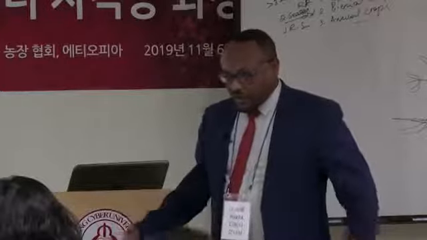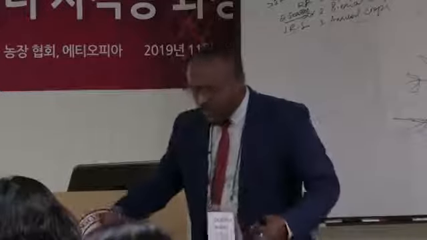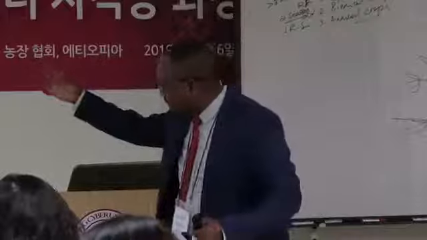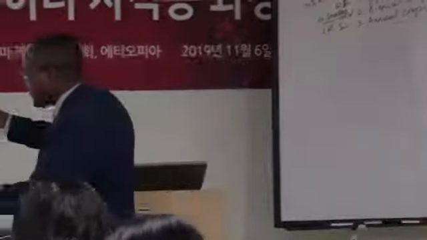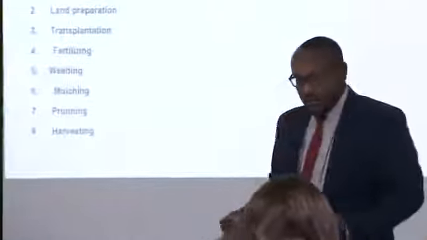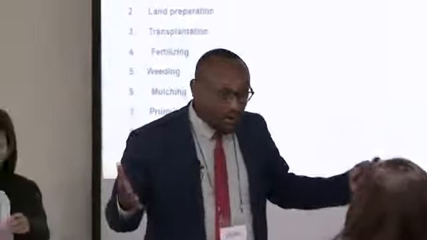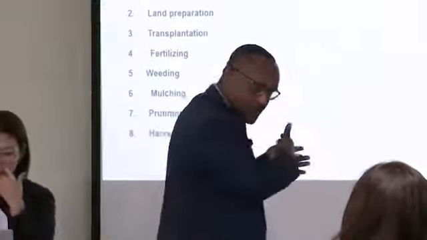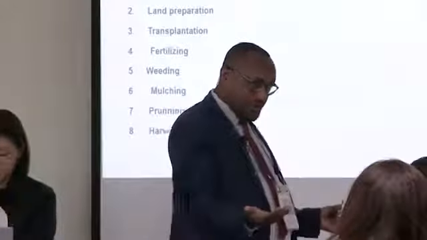Because you do a lot of things: you propagate your plant, you fertilize your plant, you prepare your land, you transplant your seedlings, weeding, mulching, every activity has been done. Watering is there. So finally you are waiting for your fruits. You are expecting the seed, you are expecting coffee. That is the final goal of our activity here.